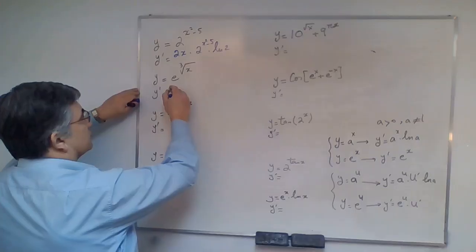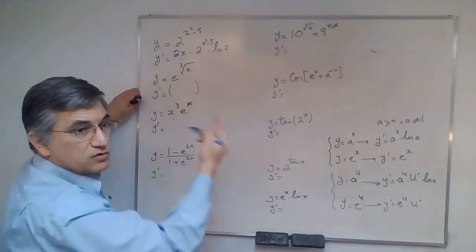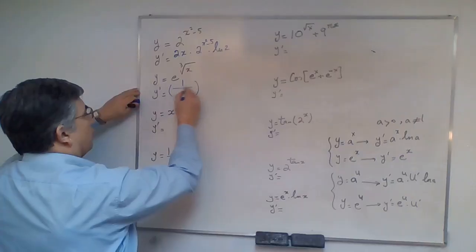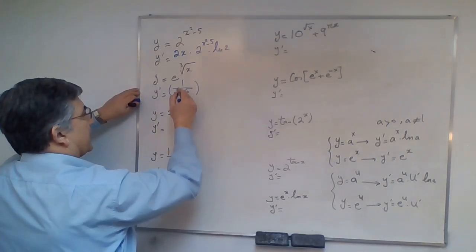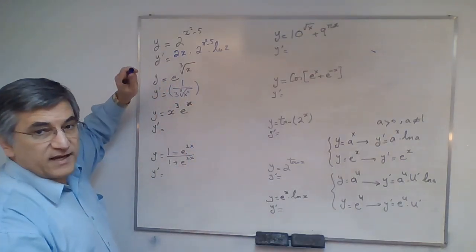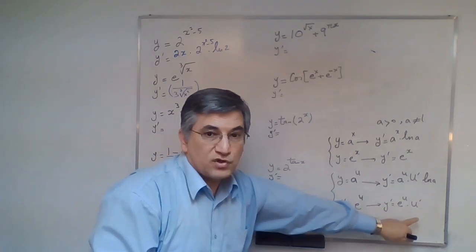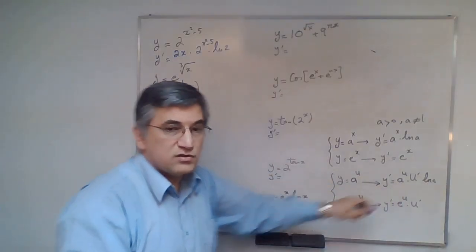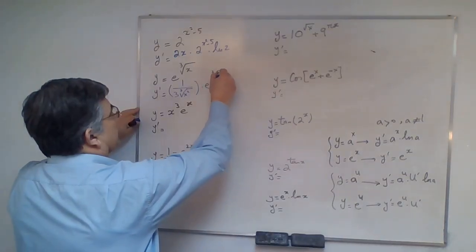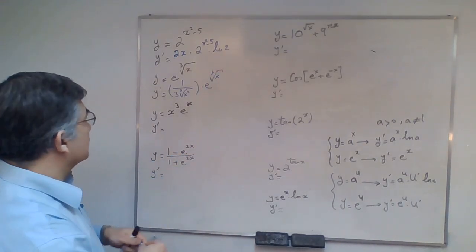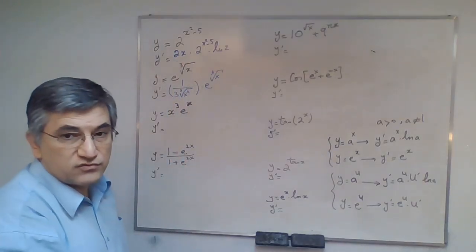So u prime is the derivative of cube root of x, which is 1 over 3 times cube root of x squared. That's the u prime term. And then times e to the u, which means times e to the exponent of cube root of x itself. So this is the final answer for that derivative.